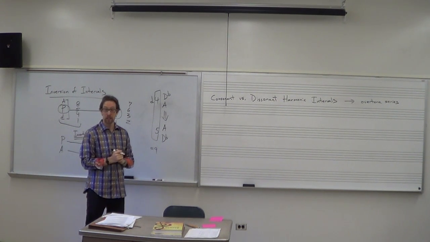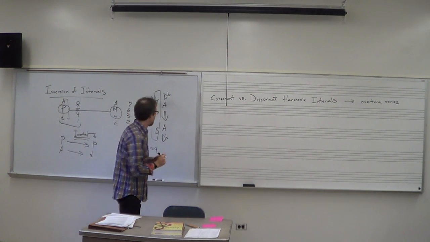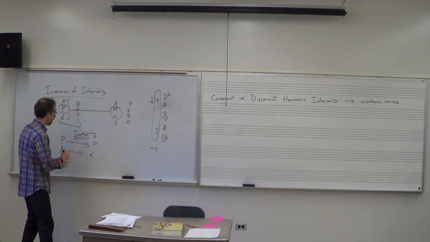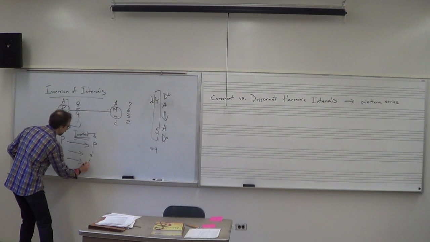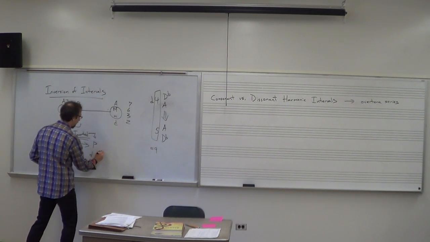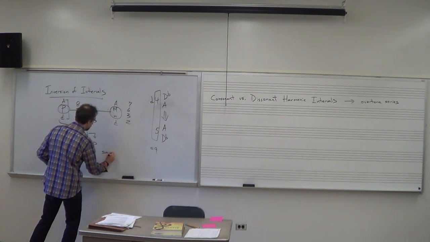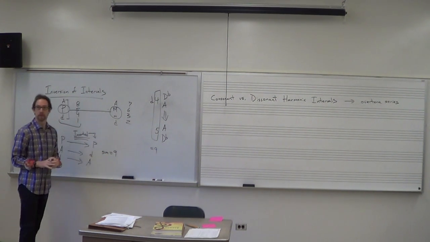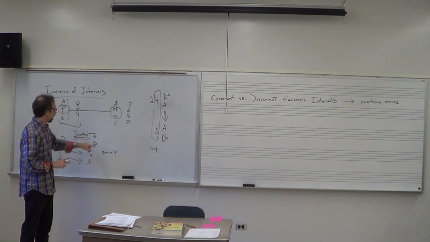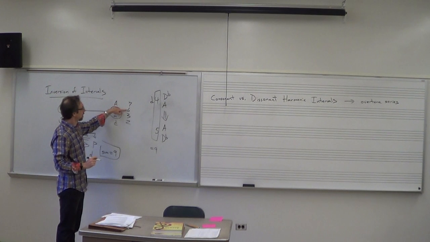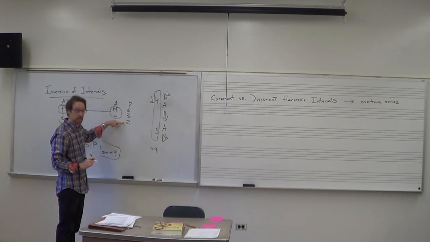So there's a couple things that you're going to find out. Perfect stays perfect, augmented goes to diminished, diminished becomes augmented. And in all cases, the sum of the two numbers equals 9. This aspect of the sum will apply for sevenths, sixths, thirds, and seconds.